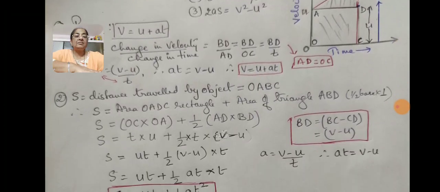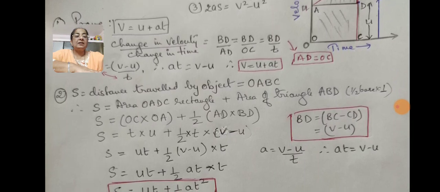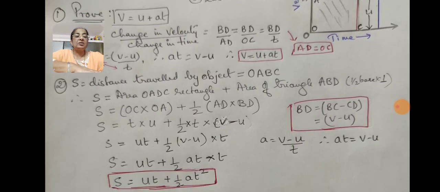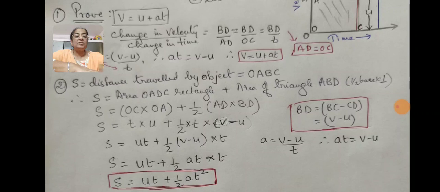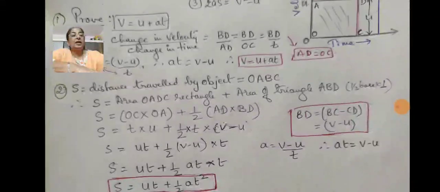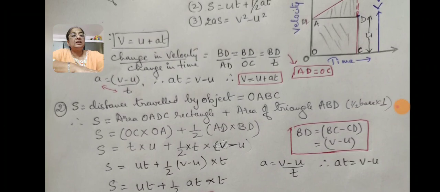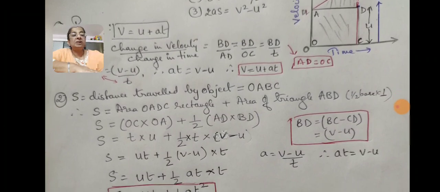Now second, we have to prove s is equal to ut plus half at square, that is the derivation of this. s is equal to distance travelled by the object, OABC. So therefore, s is equal to area of rectangle plus area of triangle, the whole trapezium. So this plus this, rectangle plus triangle.